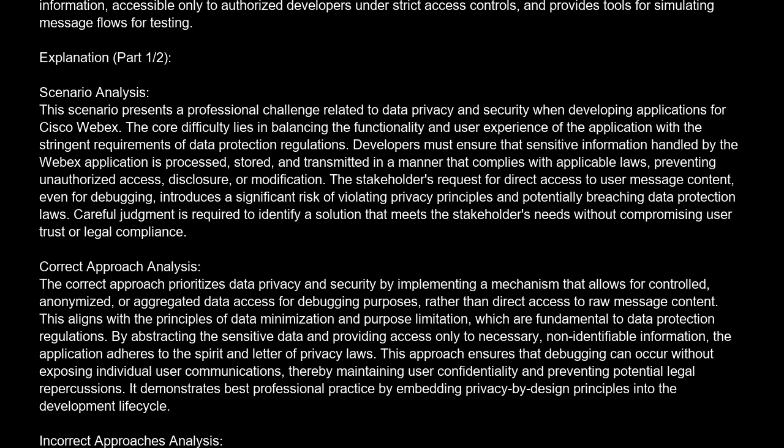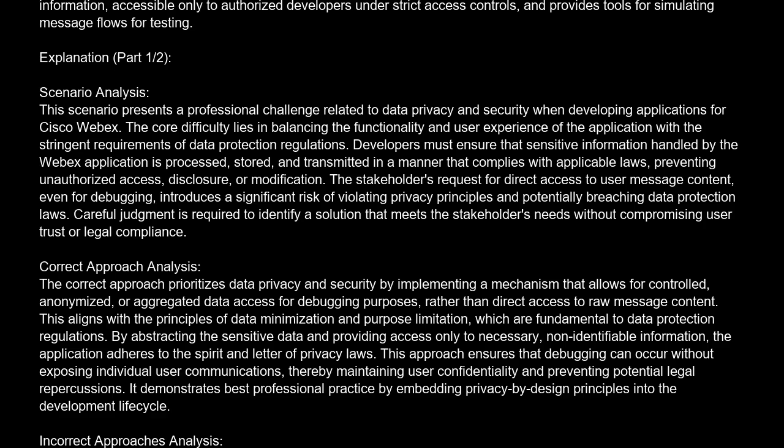By abstracting the sensitive data and providing access only to necessary, non-identifiable information, the application adheres to the spirit and letter of privacy laws. This approach ensures that debugging can occur without exposing individual user communications, thereby maintaining user confidentiality and preventing potential legal repercussions. It demonstrates best professional practice by embedding privacy by design principles into the development lifecycle.